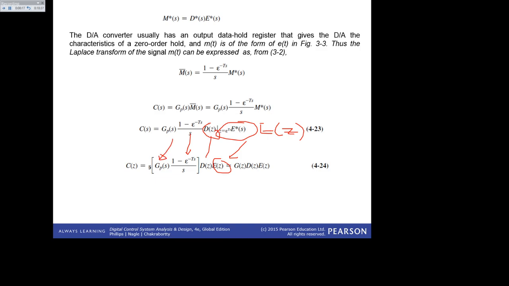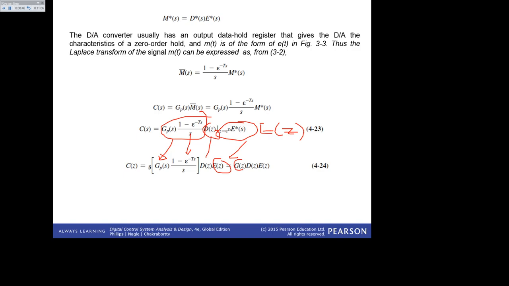What they are trying to do here is get the Z transform of this function. This will be C(z). This one is in S, so you have to convert it to Z before you put it here, because you have to get the Z transform of this before you put it in equation 4.24, and this already is in Z. So you have to convert everything to Z to get a transfer function. At the end of the day, the transformation will be G(z).